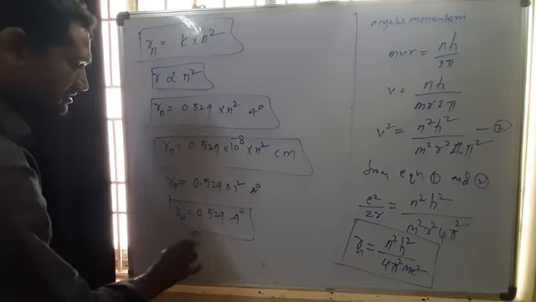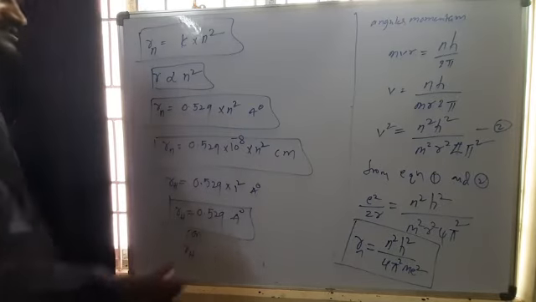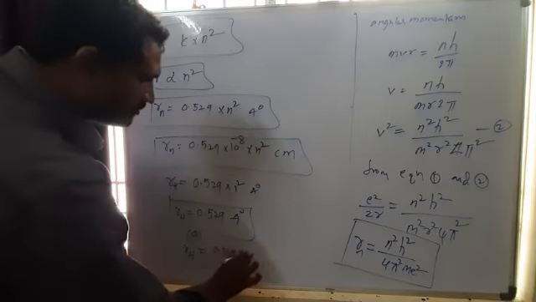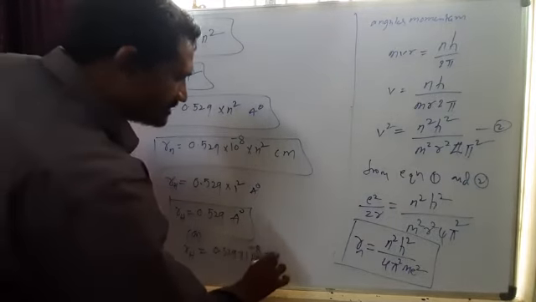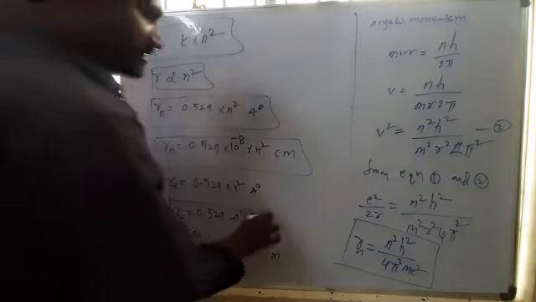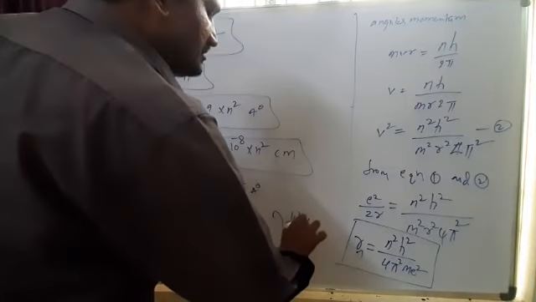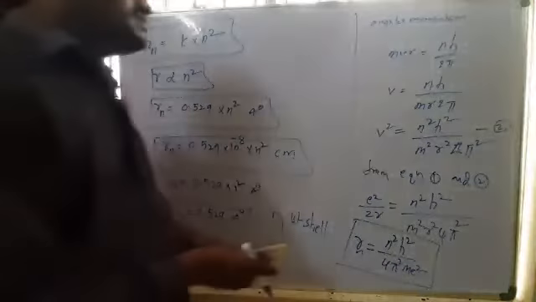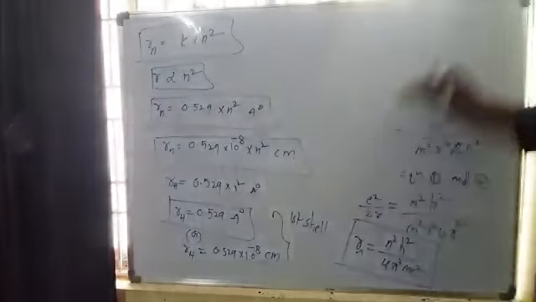Otherwise, the radius of hydrogen for the first shell equals 0.529 into 10 power minus 8 centimeters. This is the hydrogen atom radius for the first shell.